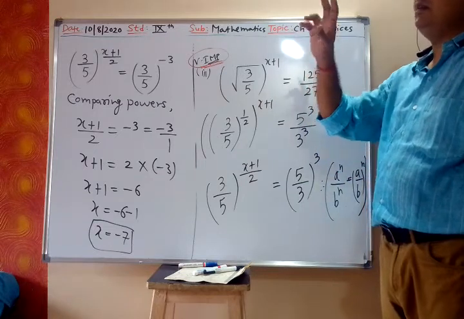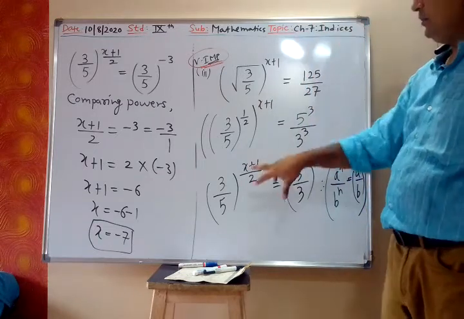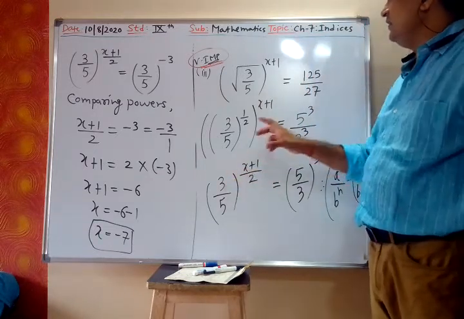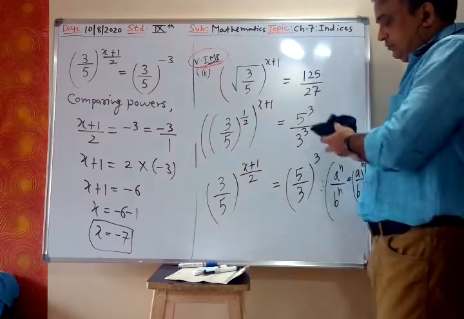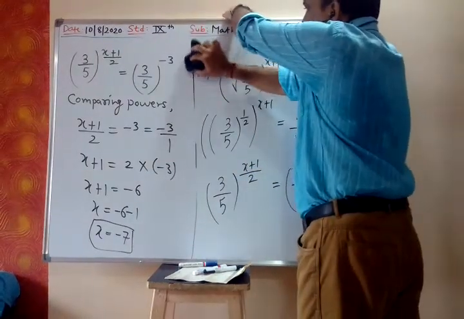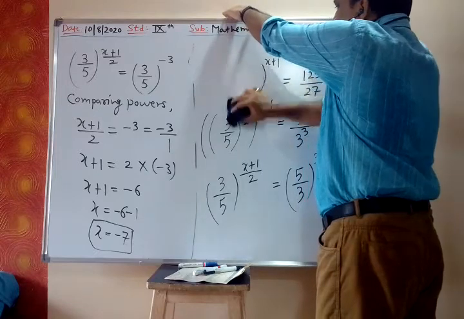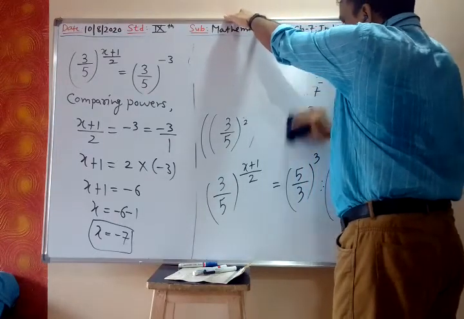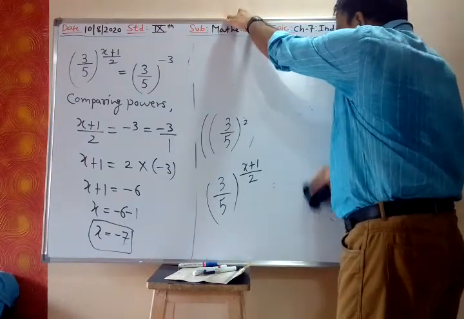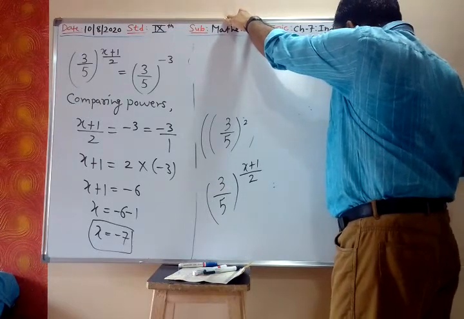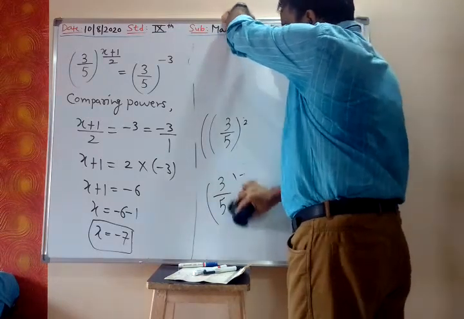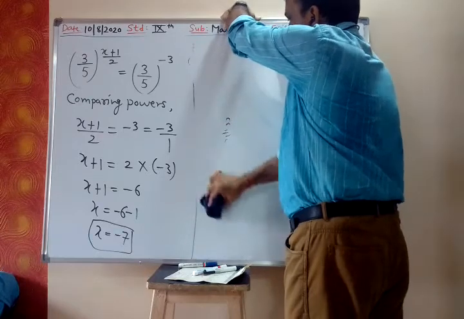So that way, if you take the reciprocal of LHS, it will be slightly complicated. You will get the answer, but it will be slightly complicated. To avoid that complication, you take the reciprocal of the RHS.